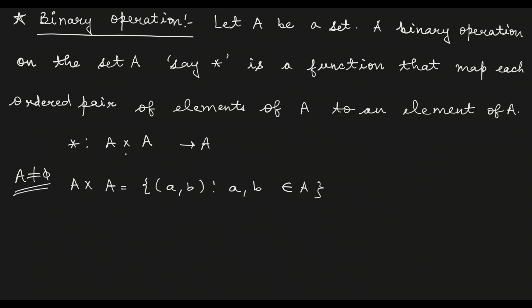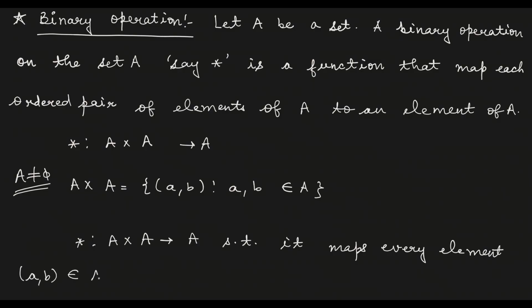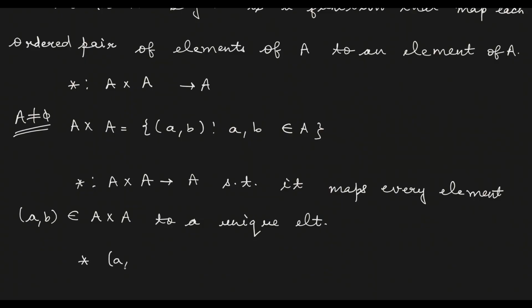So star is a mapping from A cross A to A such that it maps every element (a, b) belonging to A cross A to a unique element, meaning a star b belongs to A. This property is called closure property.